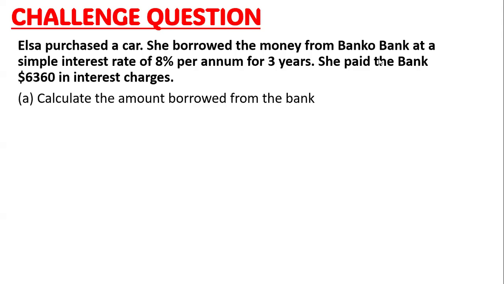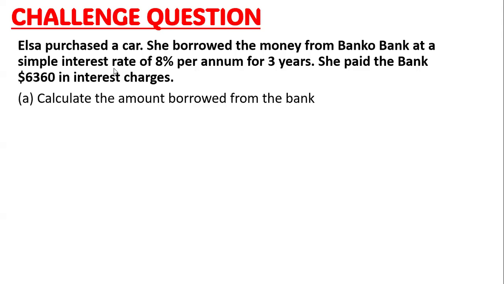I want to hear Kino and I want to hear Shemaya. So basically, I put 6,360 in a fraction, over 0.8 times 3. Oh, you flip it. Why did you do that?